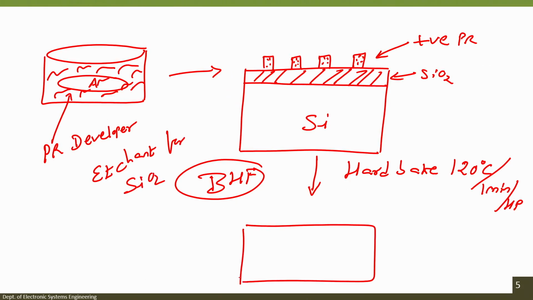We will have a wafer which looks like the figure shown here. And if you have carefully observed, wherever the photoresist was there, the silicon dioxide below the photoresist is protected, while the silicon dioxide which was not protected by photoresist got etched.